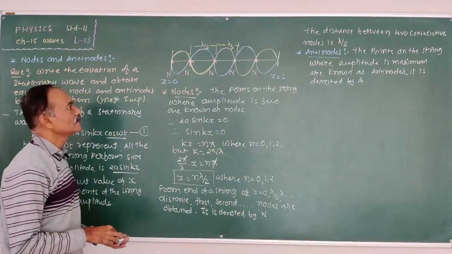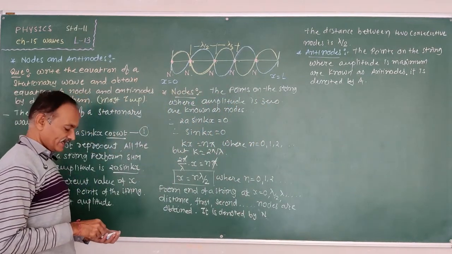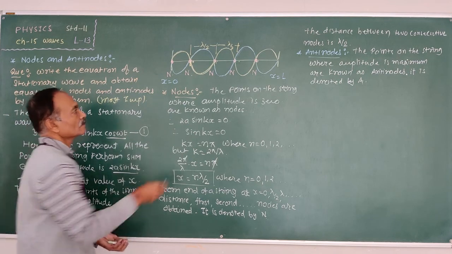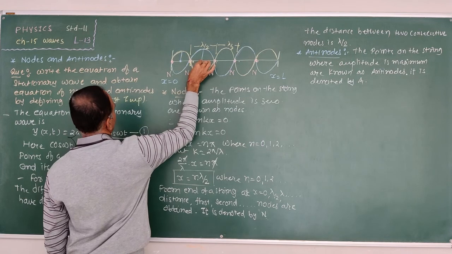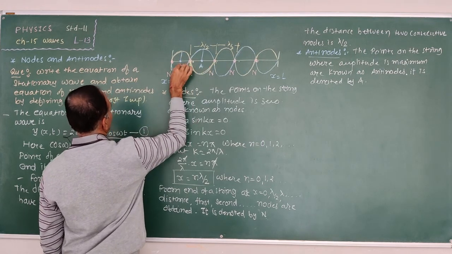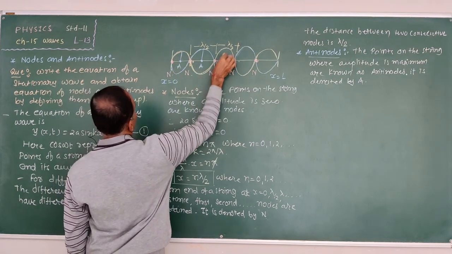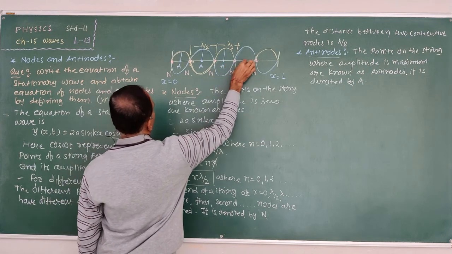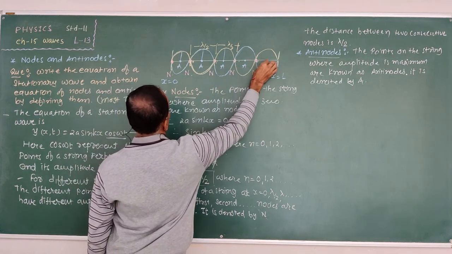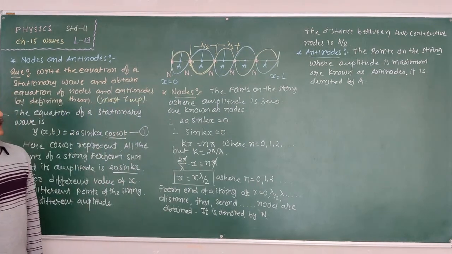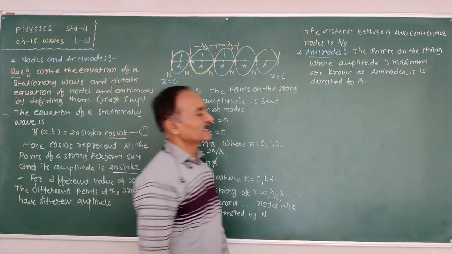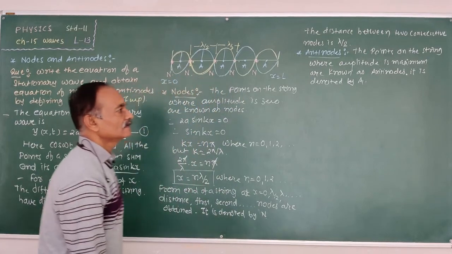Now in the figure, these are the points where the amplitude becomes the maximum. These are the antinodes, where the amplitude becomes the maximum. Right?